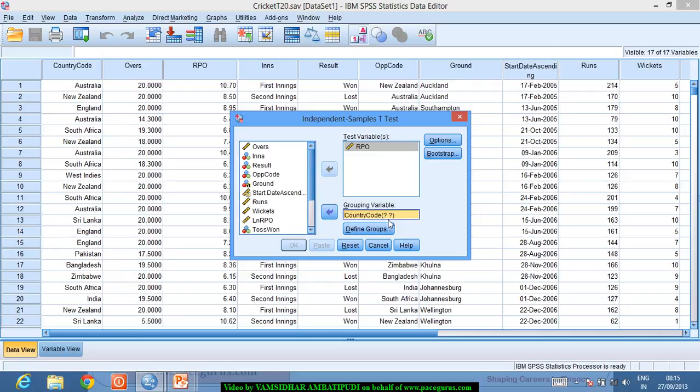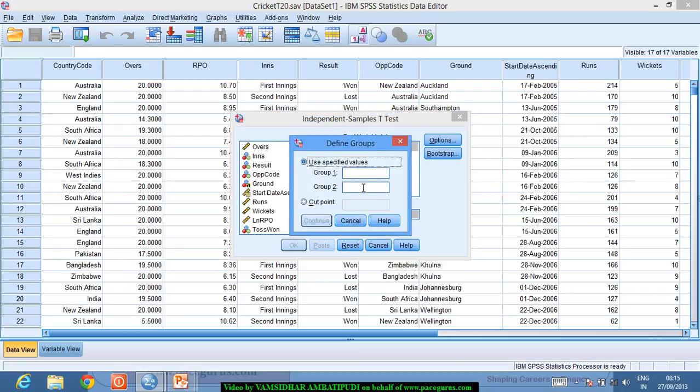It asks me for the two groups based on which I would like comparison. This is applicable only for two groups of data. In case I have more groups, I'll tell you what we need to do. We have another procedure if I have to compare the means of more than two groups. But for the time being, to compare two groups of data, I can resort to this mechanism of independent sample t-test.